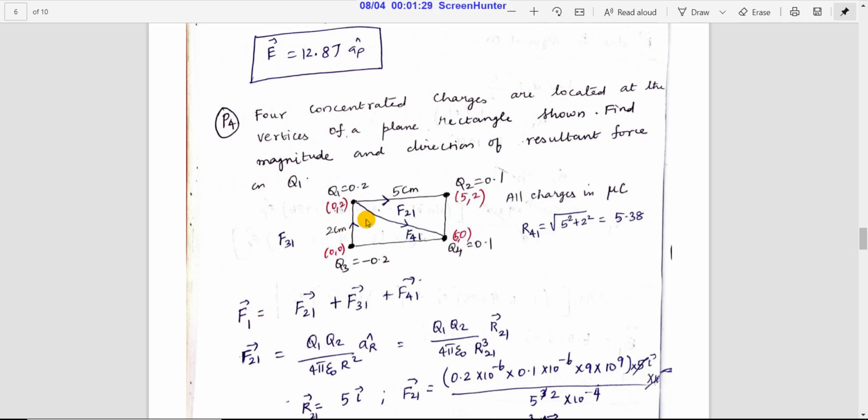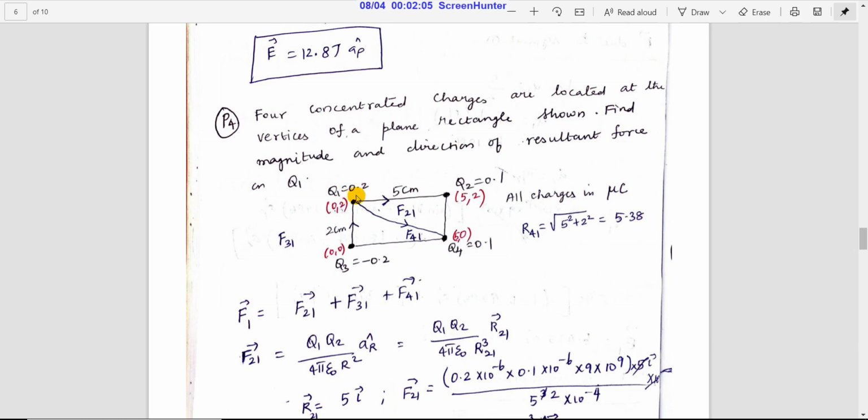In order to find the force, we can separate the forces: first the force between Q1 and Q2, which is F21. The force between Q1 and Q3 is F31, and the force between Q1 and Q4 is F41. The directional vectors are also given in the figure.